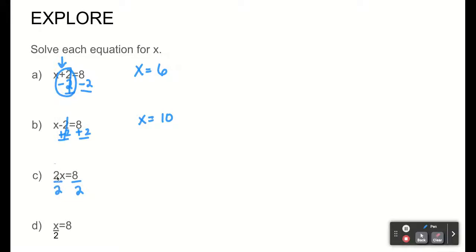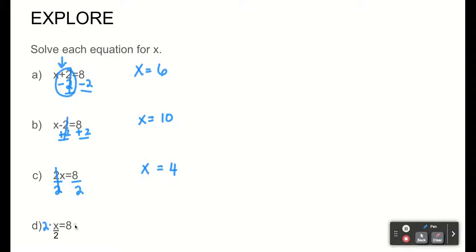2 divided by 2 is equal to 1. So that leaves us with 1x is equal to 4. Lastly, we have x divided by 2 is equal to 8. We're dividing by 2. To undo that, we must multiply by 2 because multiplication is the inverse of division.